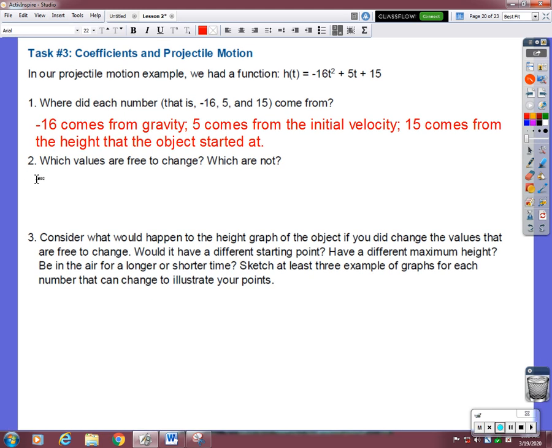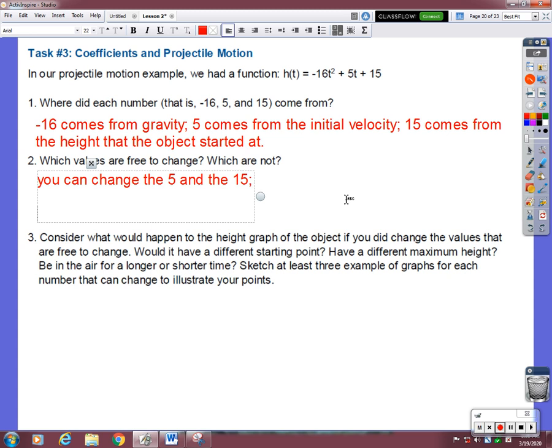So who can change and who can't? You can change the 5 and the 15. For example, you could throw the object harder, and that would make the 5 be a larger number. Or you could throw it less hard, and that would make the 5 be a smaller number.